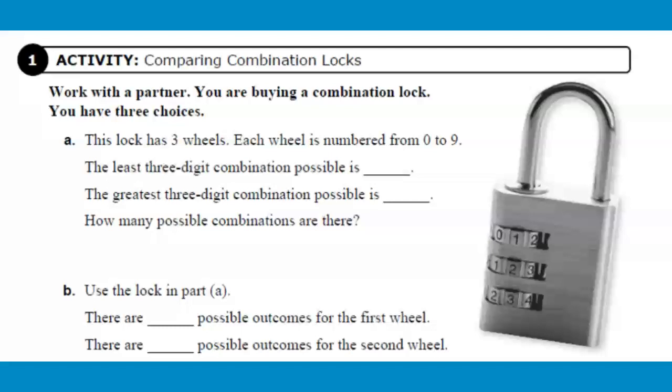This would make a big tree diagram. But again, our fundamental counting principle says we're going to multiply 10 outcomes for the first wheel times 10 outcomes for the second wheel times 10 outcomes for the third wheel. This gives me 10 times 10 times 10. There are 1,000 different combinations on that lock.